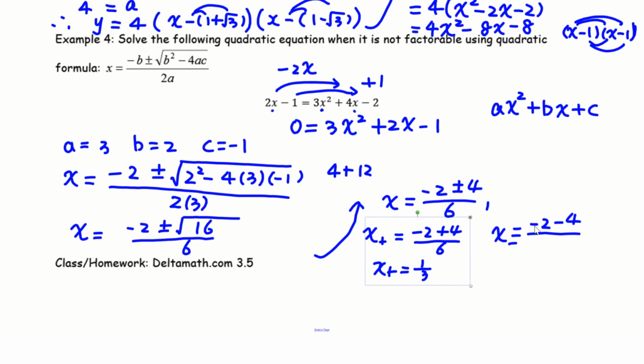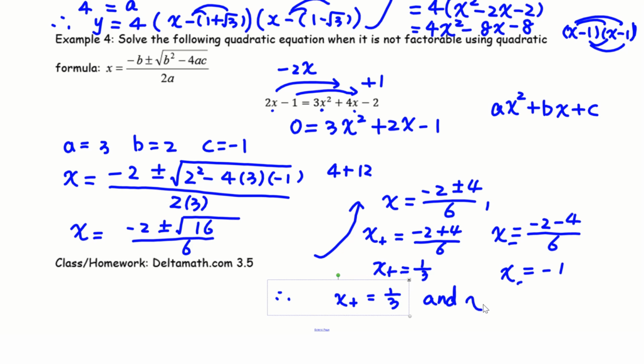So minus 2 minus 4 over 6 gives you negative 6 over 6, which is negative 1. So therefore the two zeros are x plus equals 1 over 3 and x minus equals negative 1. So that is done.